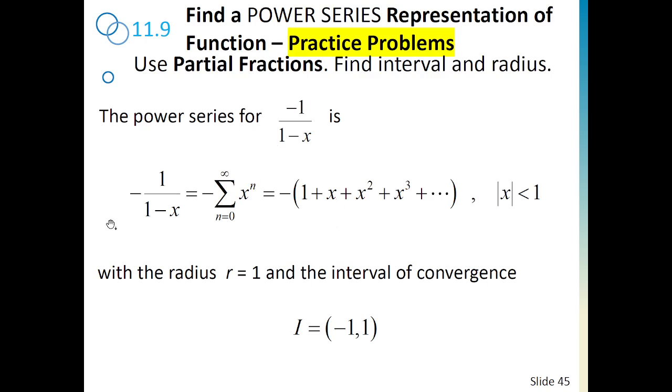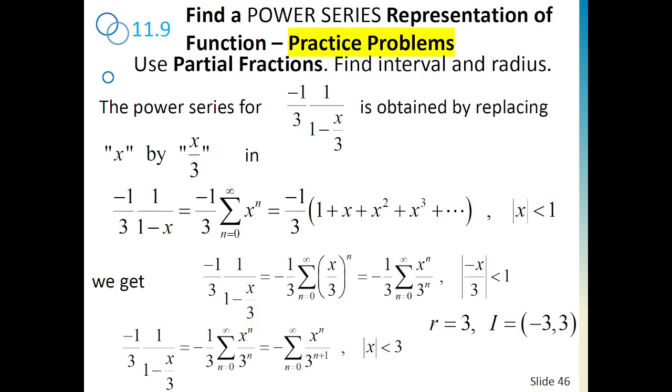So the first part is minus 1 times my geometric series, so there's nothing special. I just keep it as is here. Interval of convergence is minus 1, 1, doesn't change, nothing changed. For the other part, we had this, so basically we have minus 1 over 3, that's a constant, we keep it in front, and this looks like our geometric series where x is replaced by x over 3.